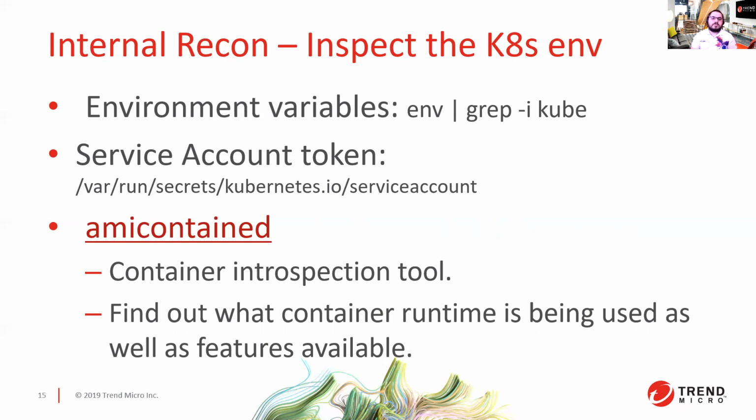Another tool is the amicontained tool, which is called a container introspection tool. You can find out what container runtime is being used, as well as features available there. So that's also going to show if you're running inside a Kubernetes cluster or in a Docker environment as well, right? Other things that you can do, right? Usually the hostname of the pod or the container is specific, or it has some suffixes at the end that might give away that it's running in a containerized environment, right?